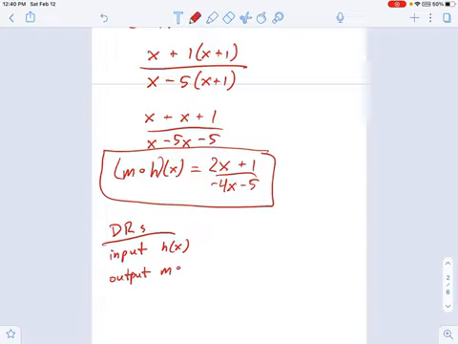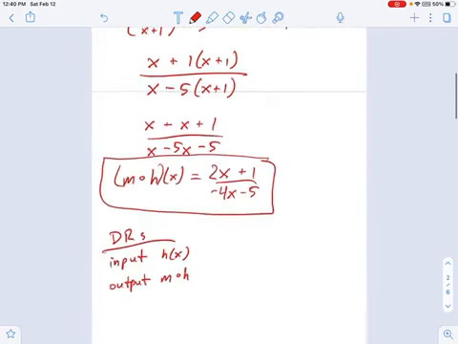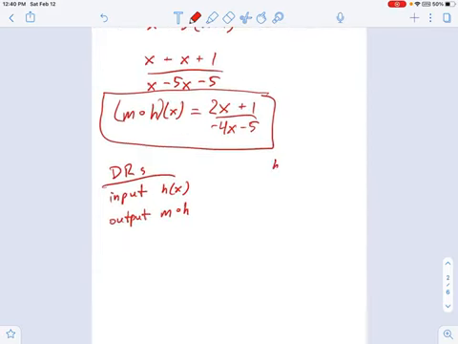So h of x itself was x over x plus 1. Nice and easy. There's no square roots to worry about, so the only thing I have to watch out for is dividing by 0. That means x cannot be negative 1.